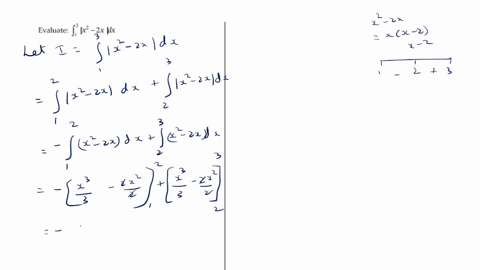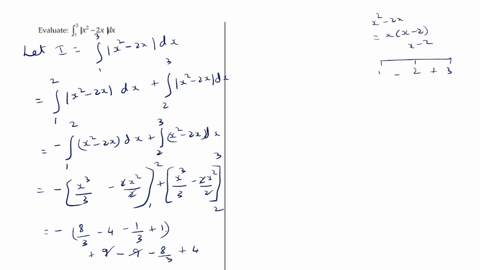Now when we substitute the upper limit, we get 8 by 3 minus 4 minus 1 by 3 plus 1. And now if we substitute the upper limit and the lower limit here, we get 3 cube by 3 is 27 by 3, which is 9, minus 3 square is 9, minus 8 by 3 plus 4.